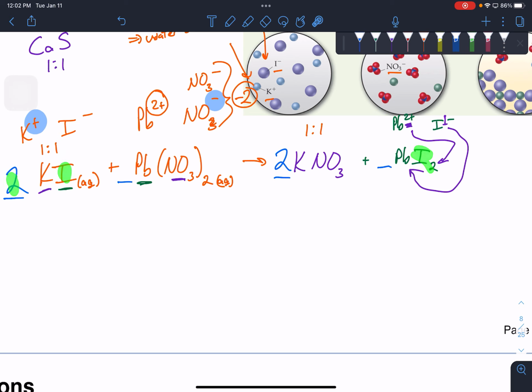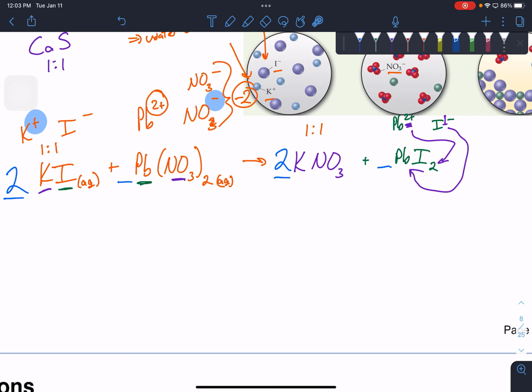I always say that if you're on step 6, 7 and erasing and going back and forth, what's happened is that you've messed up on the ratio between the cation and the anion. So if the balancing act hasn't wrapped up very quickly, check your ratio and make sure that your salt formulas are correct.